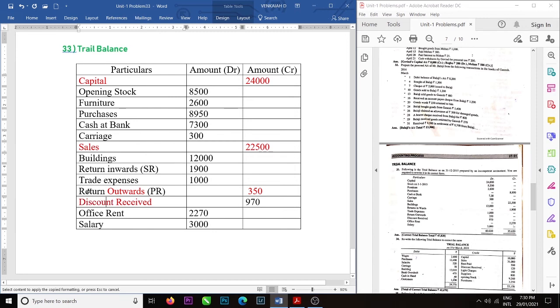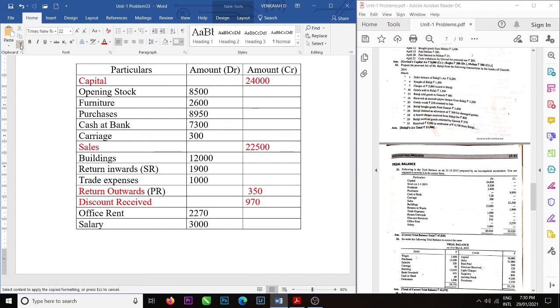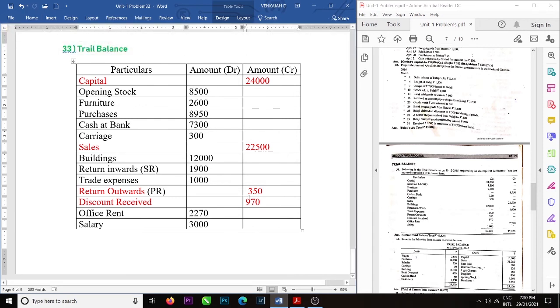The red color amounts are credited because of their nature: this one is for liability, this is for goods going out, and this is also going out, and discount received is a gain. All these are debited because they are assets, expenses and losses. Okay, we check the total.